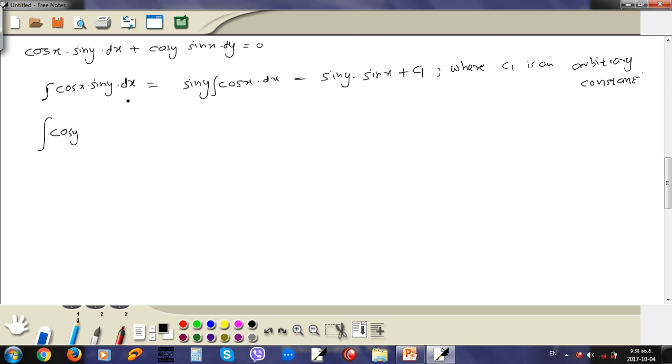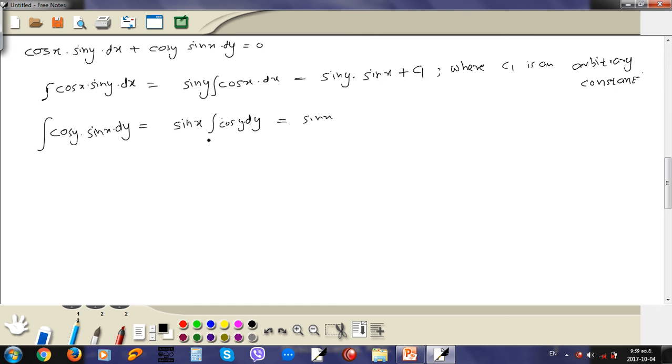I am doing the same thing for the other part also: cos y sin x dy. Now if we integrate with respect to y, sin x is constant. So sin x times the integral of cos y dy.